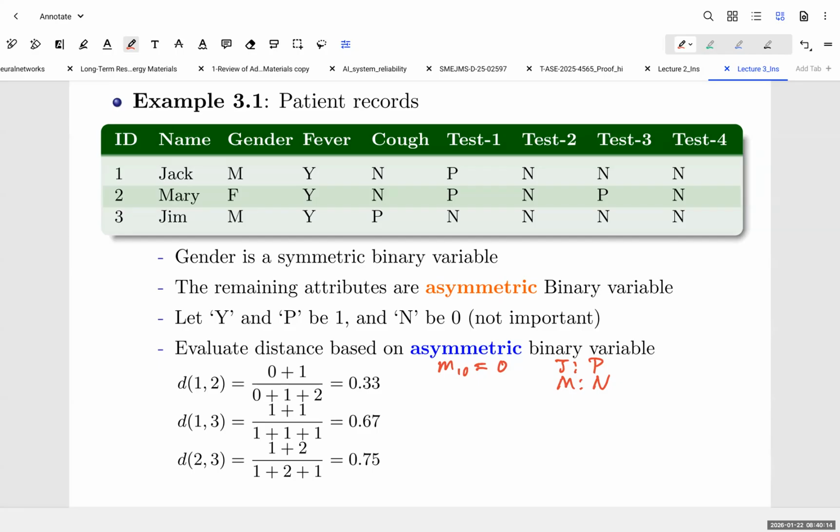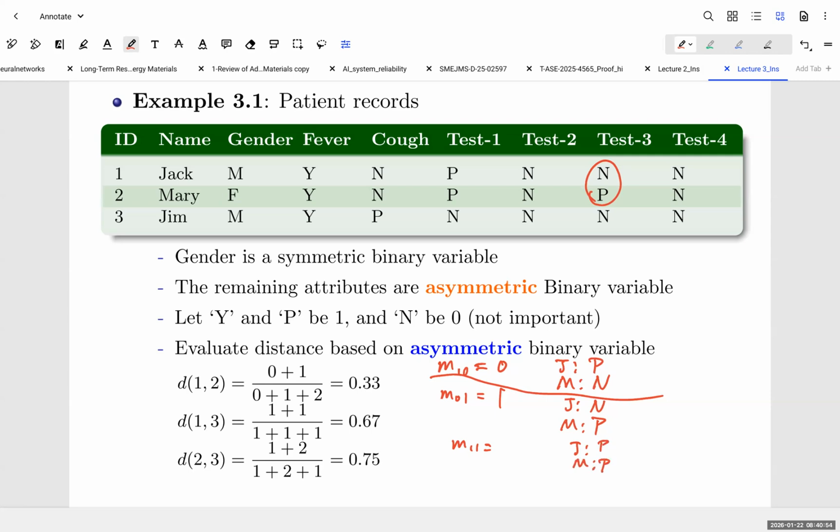And M01, for Jack is negative, Mary is positive. We have one case. We have this case, right? That is 1. And for M11, Jack is positive, and Mary is also positive.